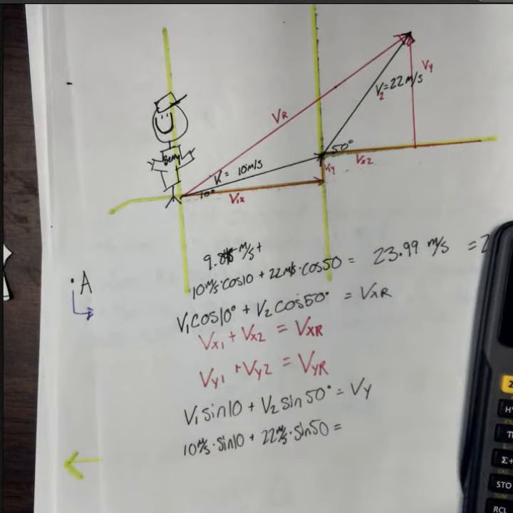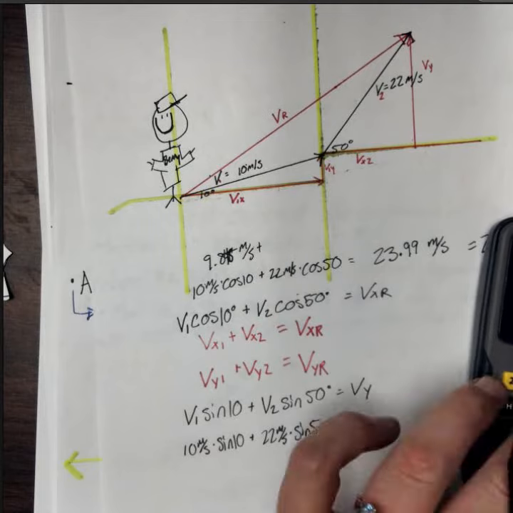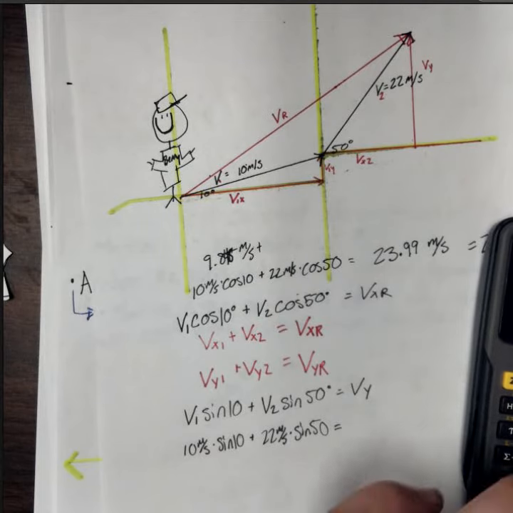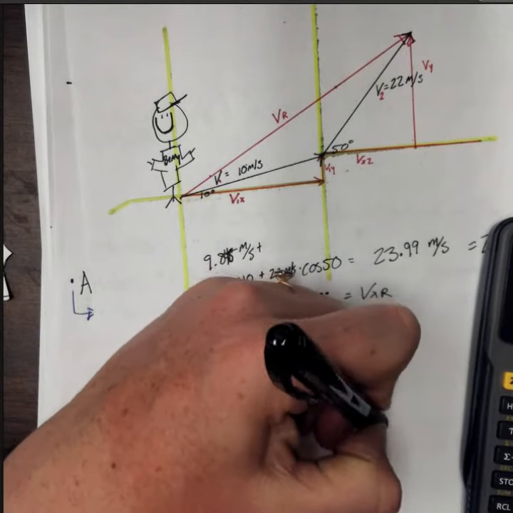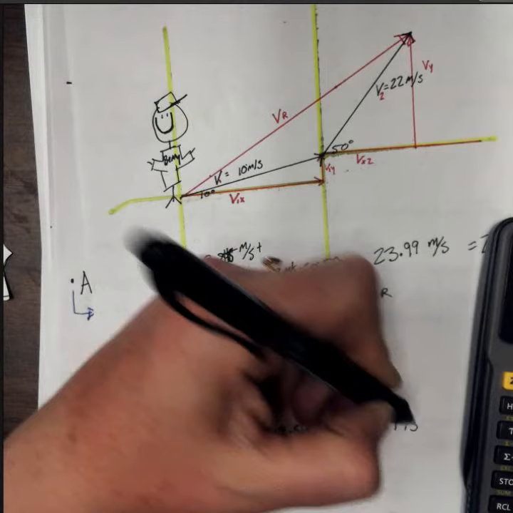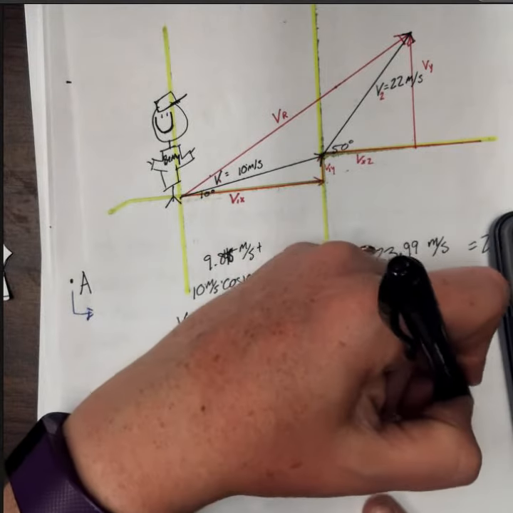And then down here, I'm going to do sine of 10 times 10 meters per second plus the sine of 50 times 22 meters per second. And I'm going to get 18.59 meters per second. Two significant figures is going to be 19 meters per second.